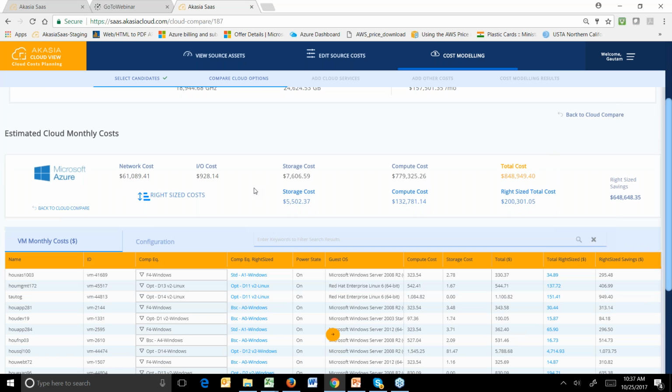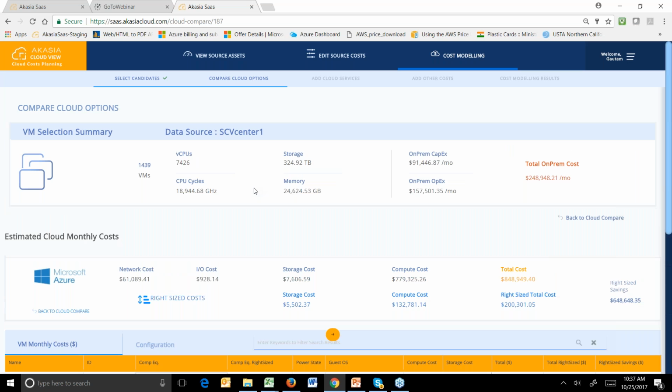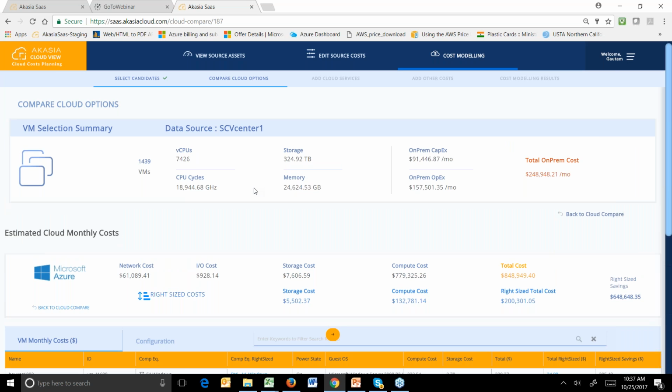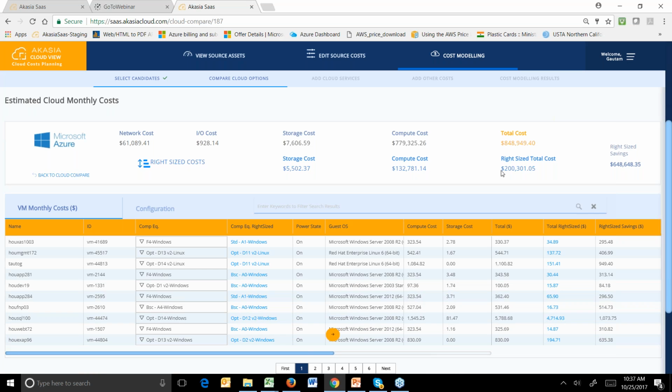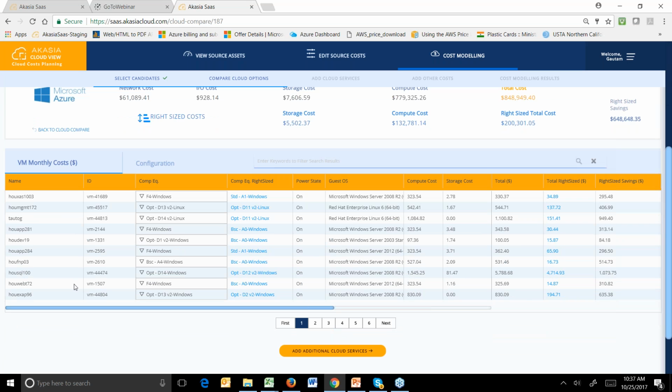So I selected the Amazon On Demand. It went deep, Azure, and this is what the Azure infrastructure looks like. It's going to cost about $200K if you would optimize. And here's the details that you're looking for. For each of these systems, this is the name of the virtual machine, this is the ID.